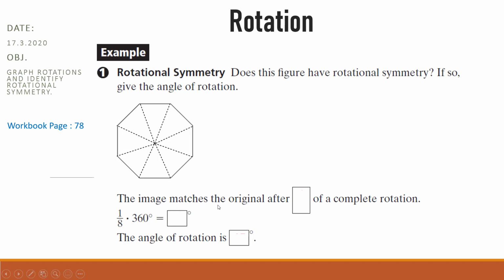So the image matches the original figure after what part of a complete rotation? Yes, after 1/8 of a complete rotation. So we multiply 1/8 by the measure of a complete rotation, which is 360 degrees, and we get 45 degrees. So the angle of rotation should be 45 degrees.